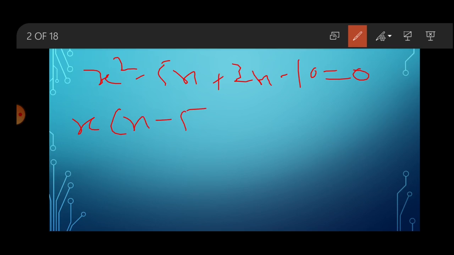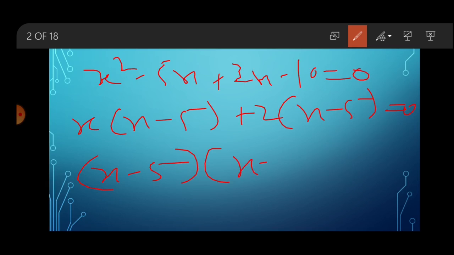So you have an equation that looks like this: x square minus 5x plus 2x minus 10 is equal to 0. Now taking x as common, it will become x minus 5. Again taking 2 as common, it will become x minus 5. So x minus 5 and x plus 2.